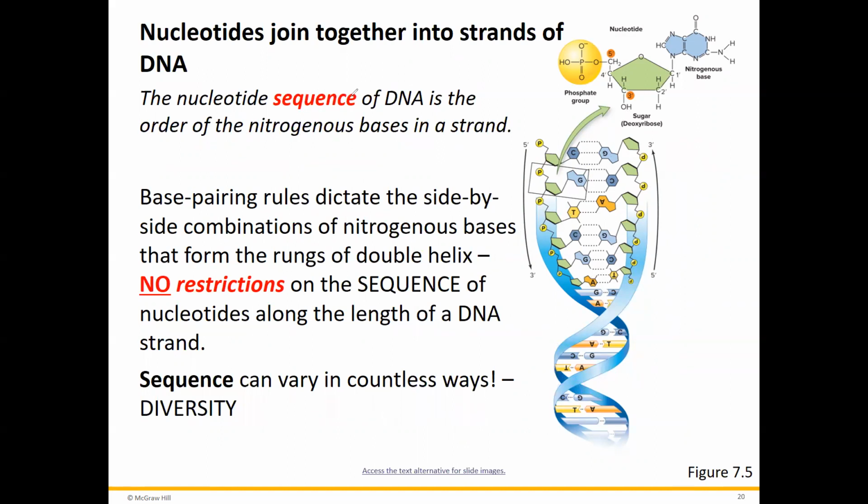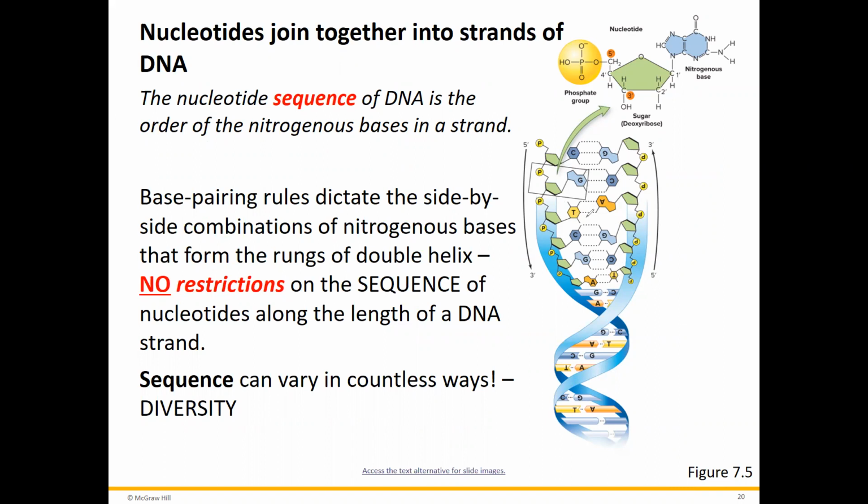The nucleotide sequence of DNA is the order of the bases in a strand. And on this side, it's going to be G, C, A, G, C, T, C, right? That is a sequence of bases. The base pairing rules dictate that you're always going to have C to G, G to C, or A to T, or T to A.